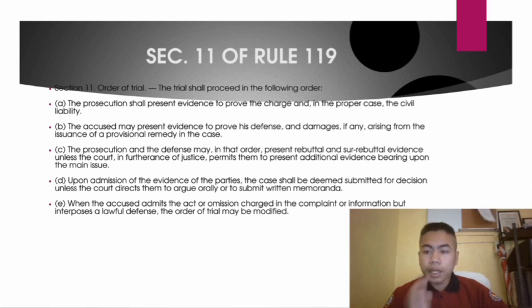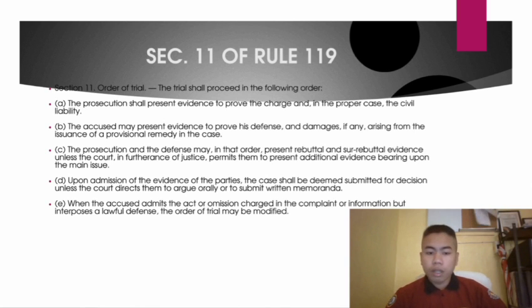So, kapag kailangan po talaga ng mag-submit ng written memoranda, the court will require both parties to submit the written memoranda or orally. If the accused admits the acts or omission charged but raises a lawful defense, the order of trial may be modified to accommodate this.